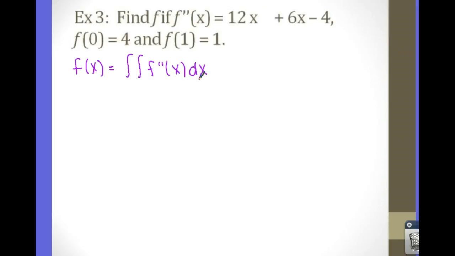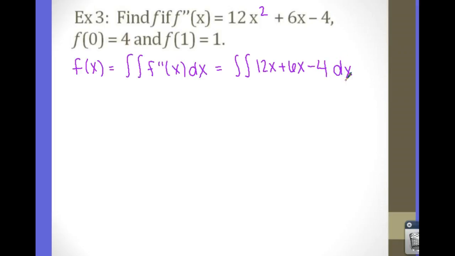Let's find the antiderivative once. What we're integrating is 12x squared plus 6x, dx.